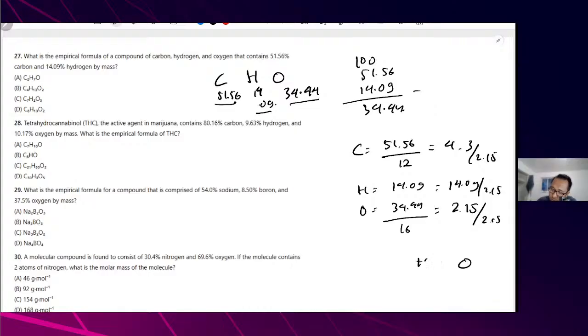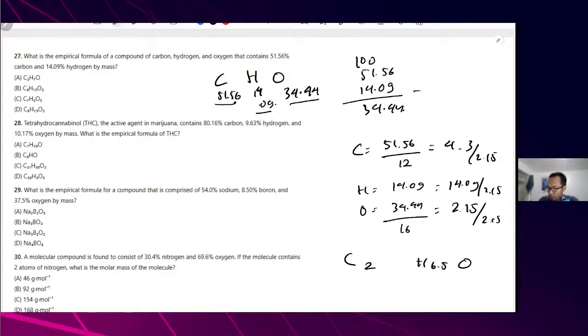And then how about H? 14.09 divided by 2.15, the answer is around 6.5. And then how about C? C is 4.3 divided by 2.15, so C is around 2.